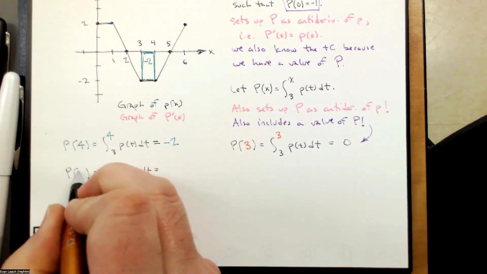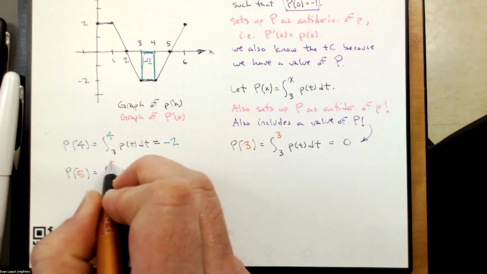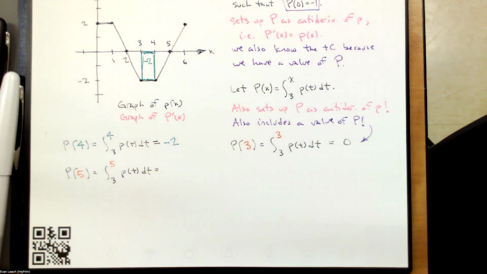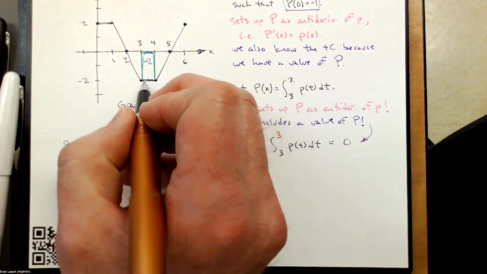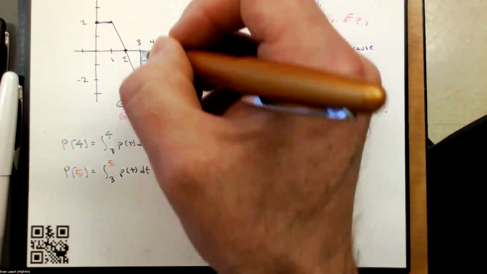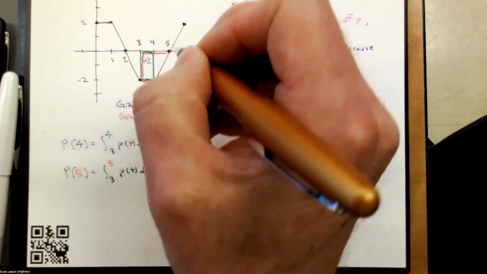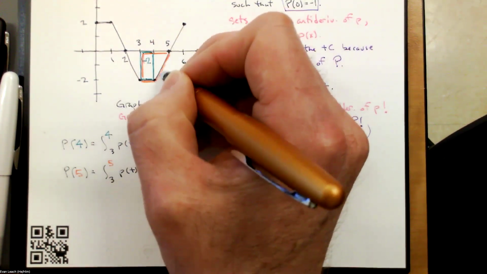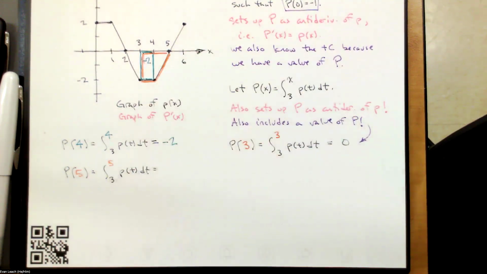If I wanted p of 5, I'll find the integral from 3 to 5 of p of t dt. This is going to be the area of this trapezoid. There's -2 for the rectangle and a -1 for the triangle.